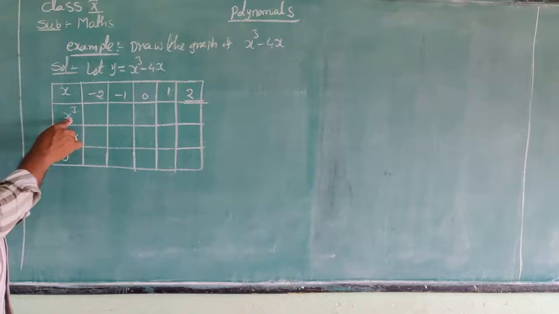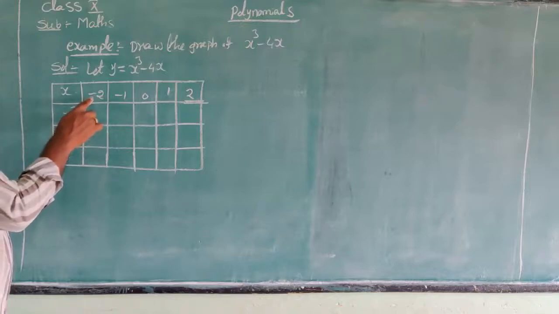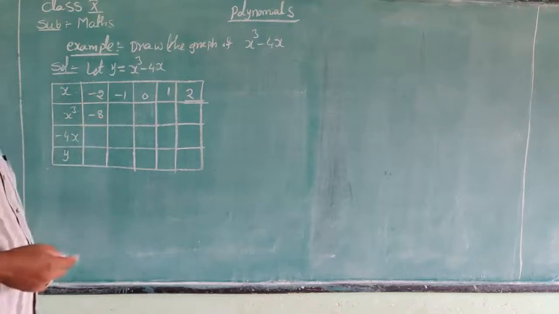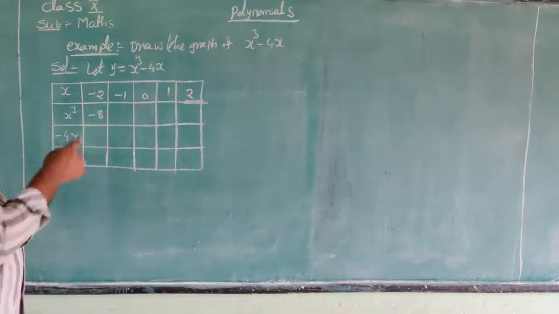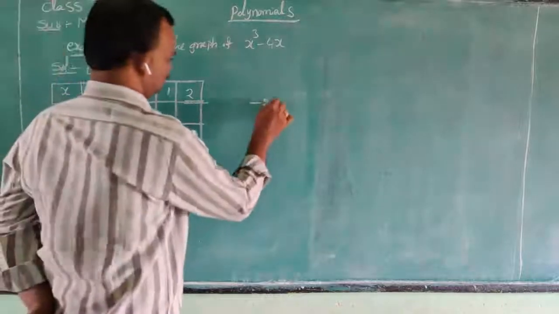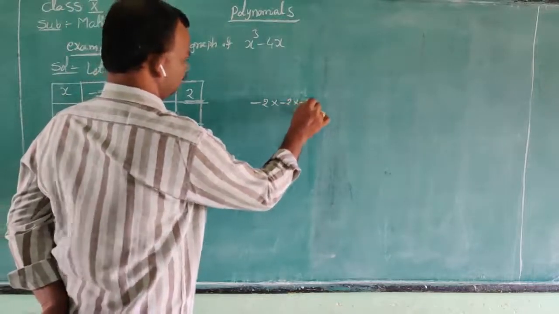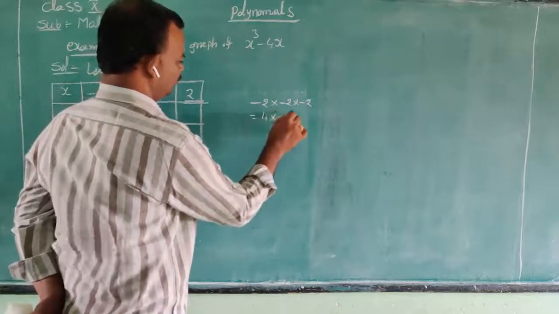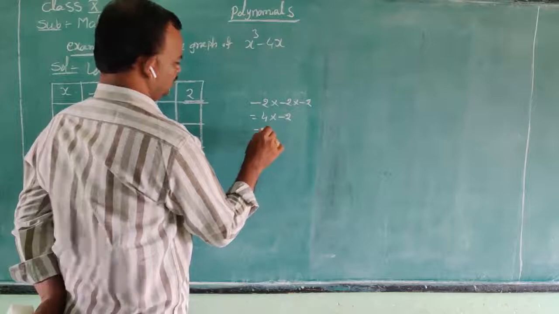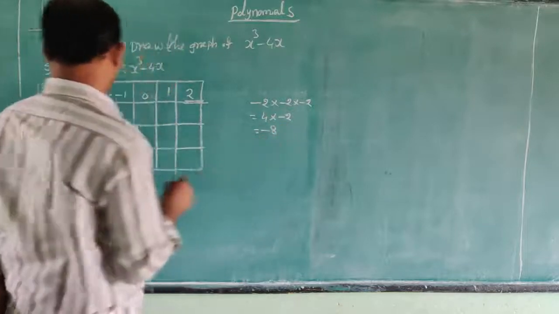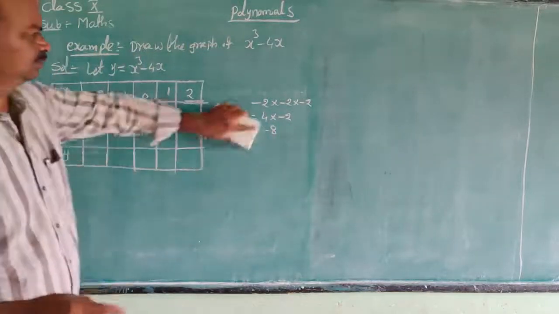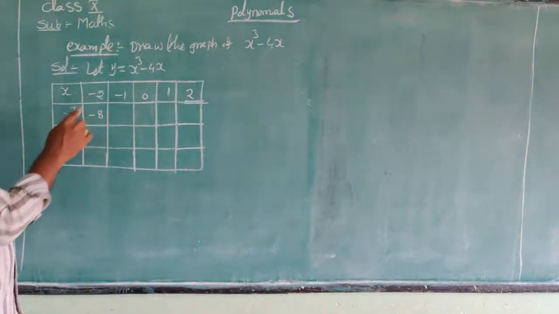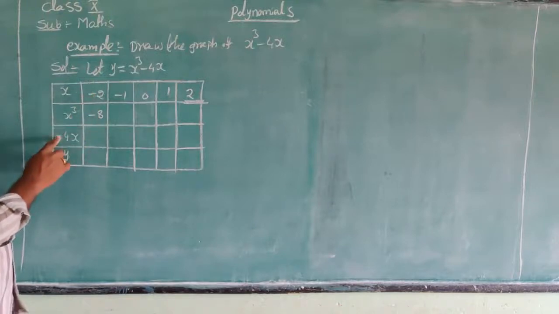X cube, that means minus 2 whole cube. Minus 2 whole cube is minus 8. That means minus 2 into minus 2 is 4, 4 into minus 2 is minus 8. So this value is minus 8. And next one is minus 4x, that means minus 4 into minus 2, minus into minus plus, 4 2s are 8.